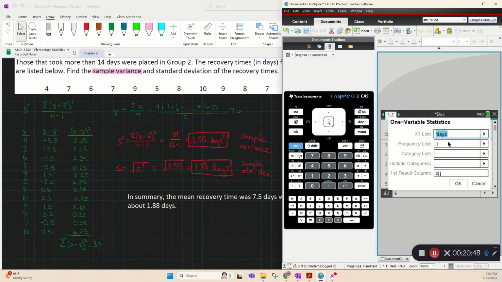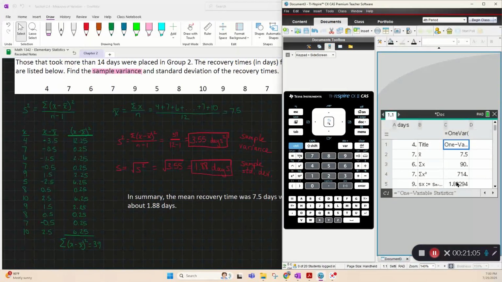I called my list Days. Okay, frequency. I kind of leave all the rest of this the same, and then I make sure where it puts it is not in the column my data is in. My data is in column A. That says B. We're good. Hit OK.